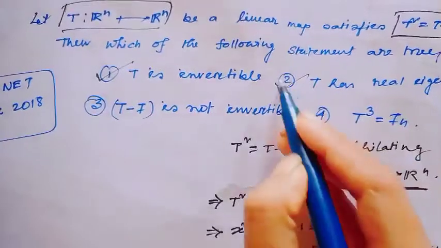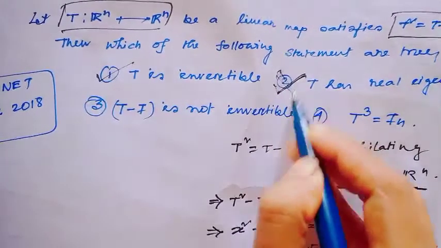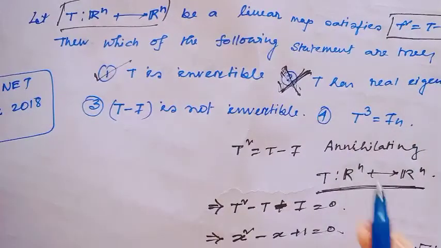So option 2, T has a real eigenvalue, is a wrong option. Now option 4 says T cube equal to identity.